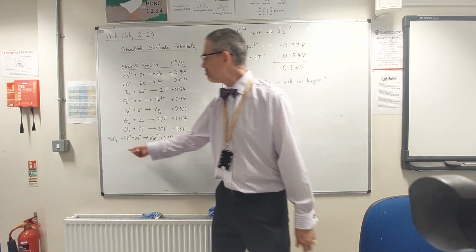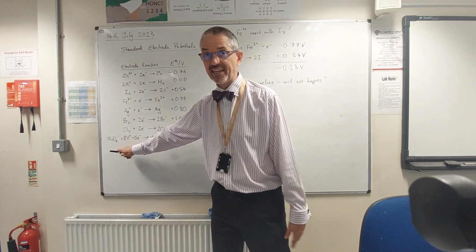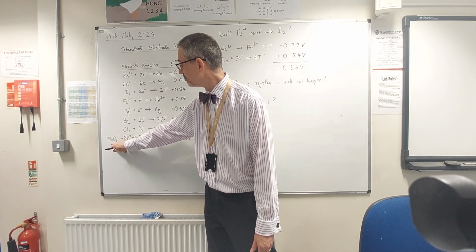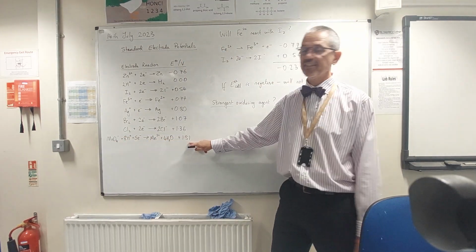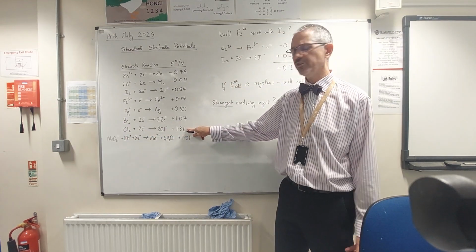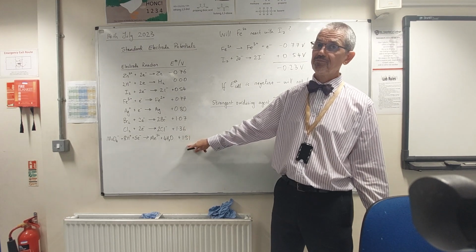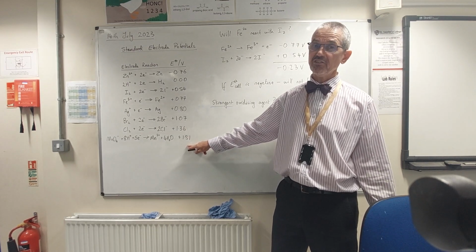We can say permanganate, when permanganate reduces, and therefore permanganate is acting as an oxidizing agent. When permanganate reduces, it does so to the tune of 1.51 volts. When chlorine reduces, it would do to the tune of 1.36, it's less. So, very simply, permanganate produces more volts.